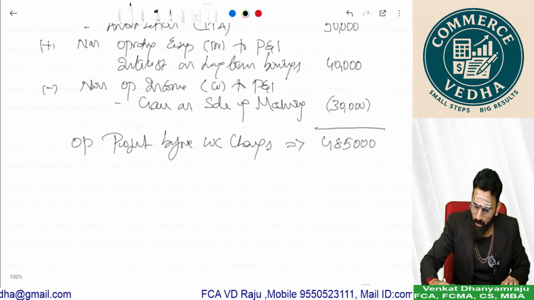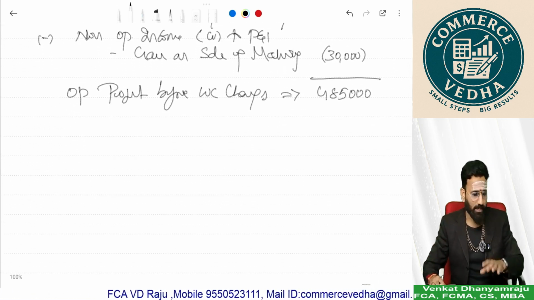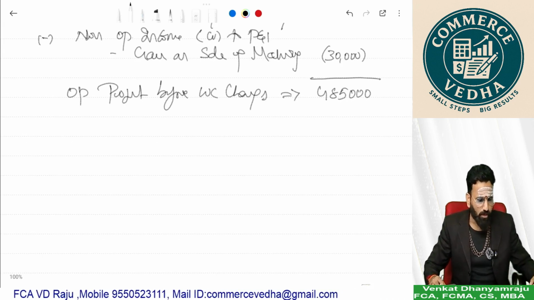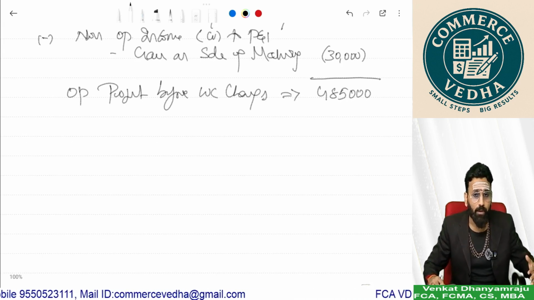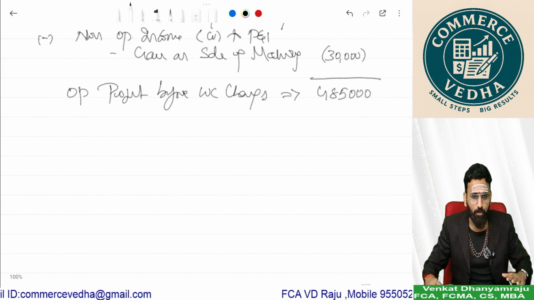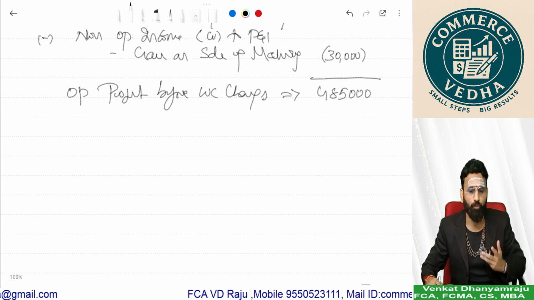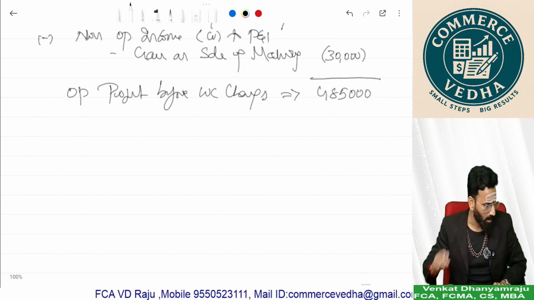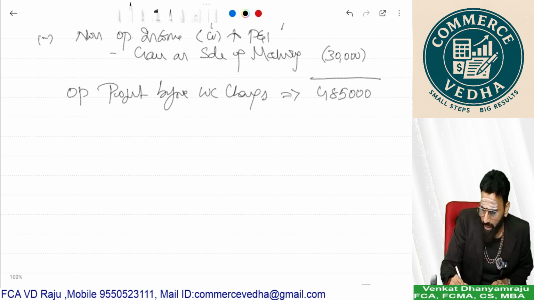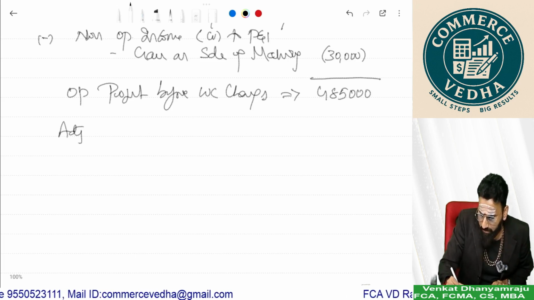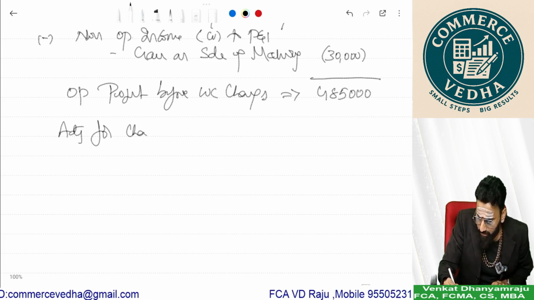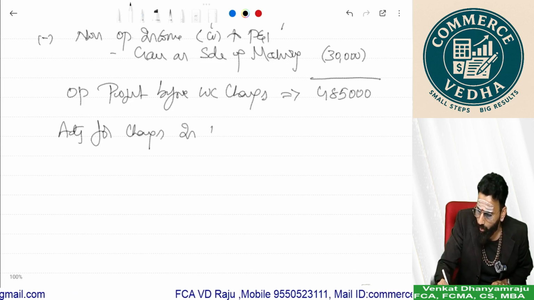Your working capital also affects your operating cash flow. There is no tax given, so I cannot compute operating inflows after tax, but I can compute operating cash inflows before tax from the information. Now I should see adjustment for changes in working capital.